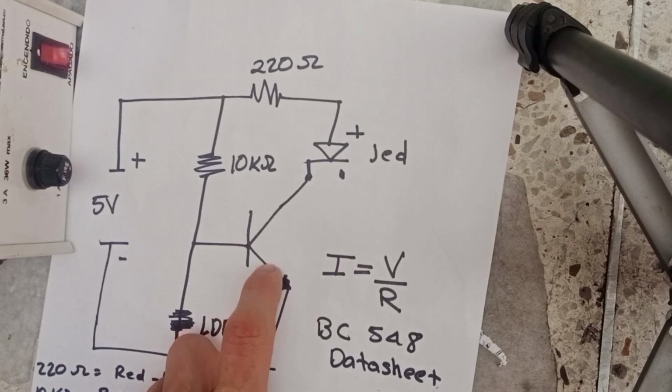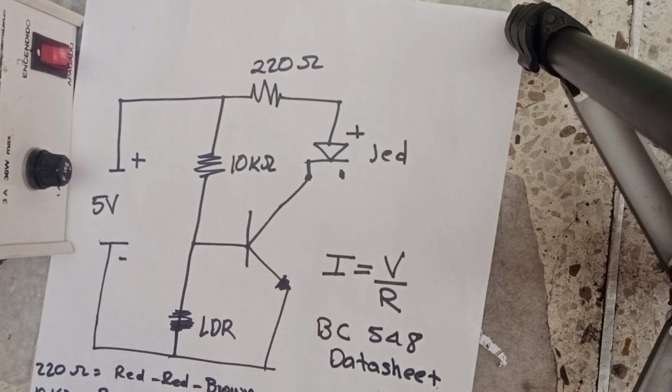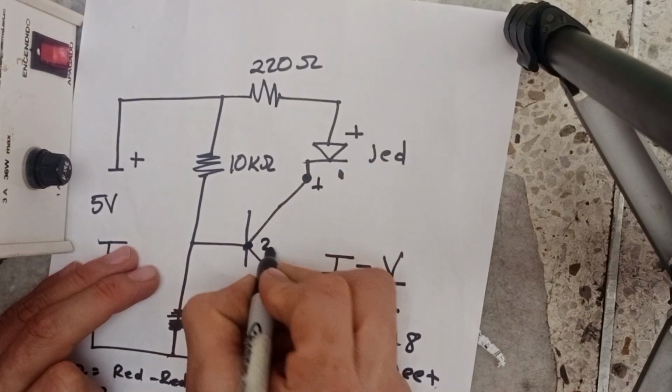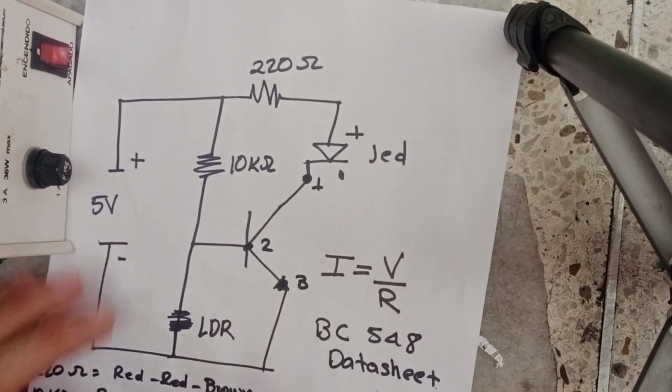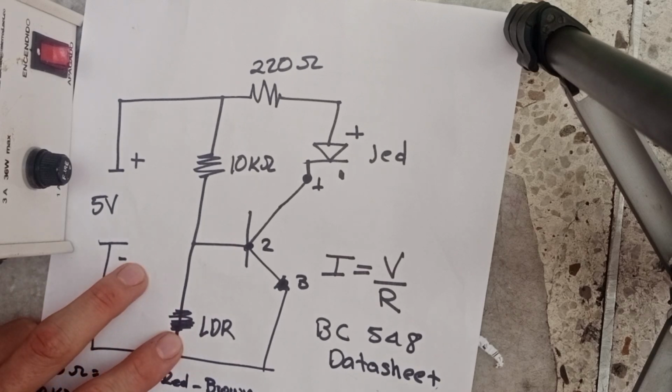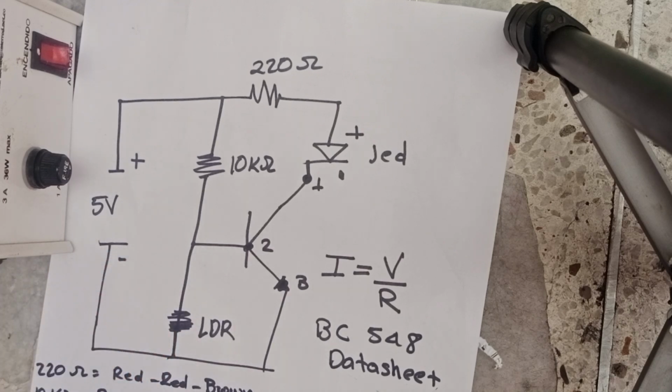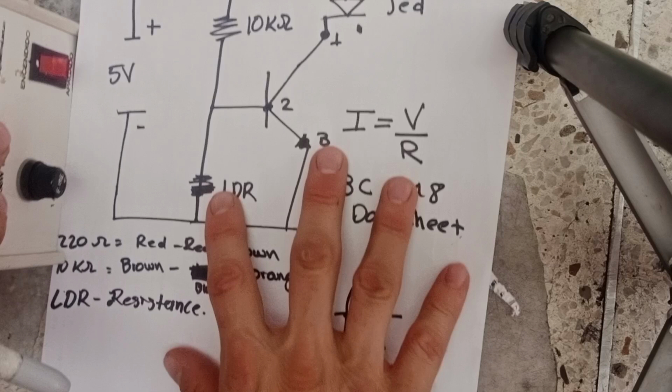This is a transistor, right? I can also define the pins as pin number 1, pin number 2, and pin number 3. You've got to remember that this component has 3 main pins, and you start counting from left to right. That's the main basic concept.